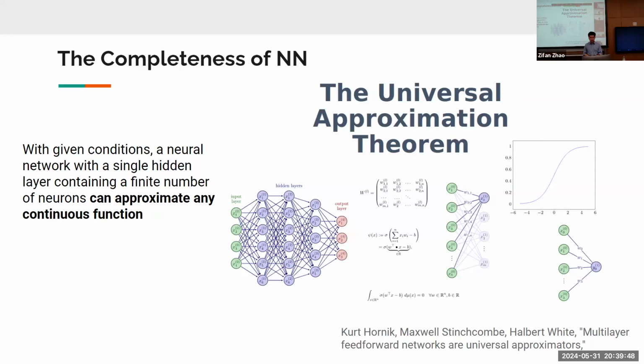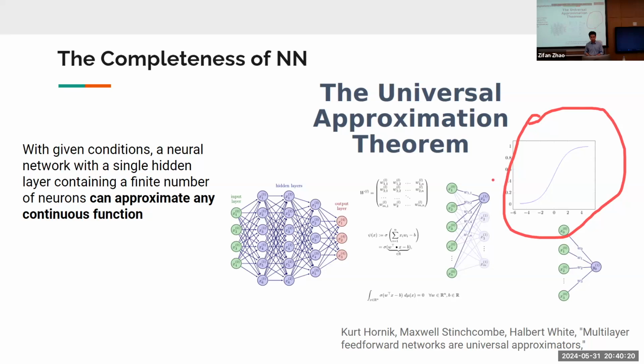So this universal approximation theorem means that, with some given conditions, a neural network with one single layer can approximate any continuous function. If you see this blue function, it might be hard to directly tell the closed form of this formula, right? However, it's proved mathematically that a neural network is able to fit this function with one single layer.